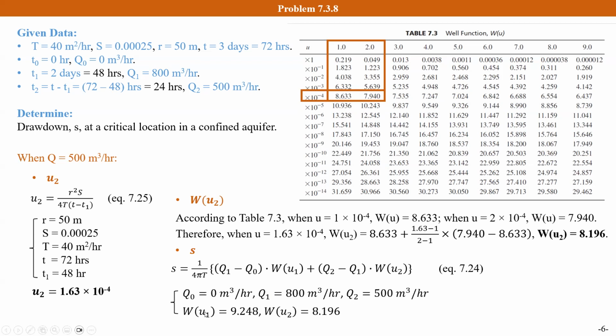And we just calculated the W of U1, the well function 1, it equals 9.248, and the value of well function 2 is 8.196. After we bring these values into equation 7.24, we can determine the drawdown. It equals 9.83 meter.